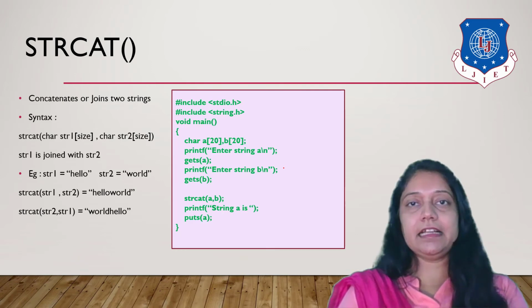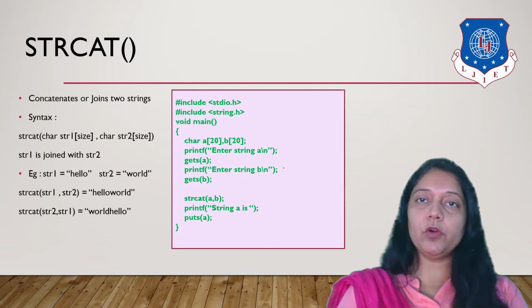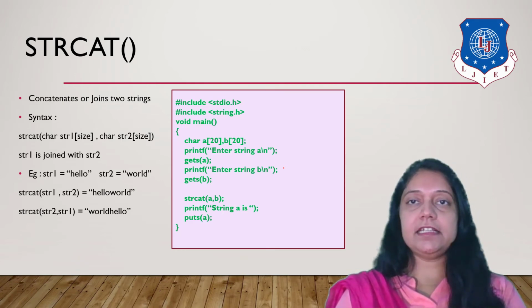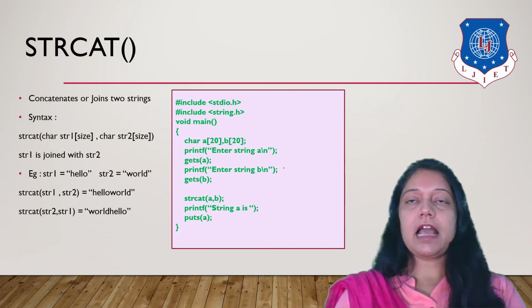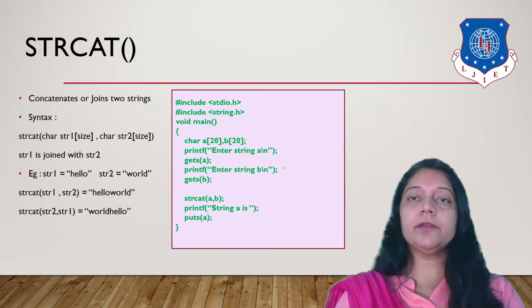Let's understand this function again using a program. Again, include two files, stdio.h and string.h. Declare the strings. I'll require two strings, one is A and another is B. So declaration of these two strings is needed here.